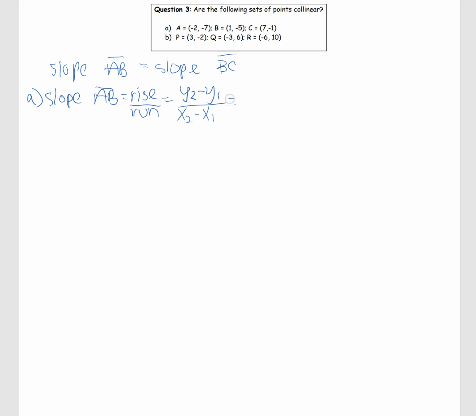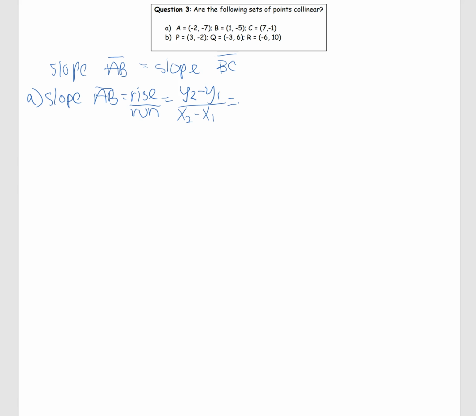So in this case, I'm saying that x2 and y2 refer to point B, and x1 and y1 refer to point A. So I'm going to plug in those numbers.